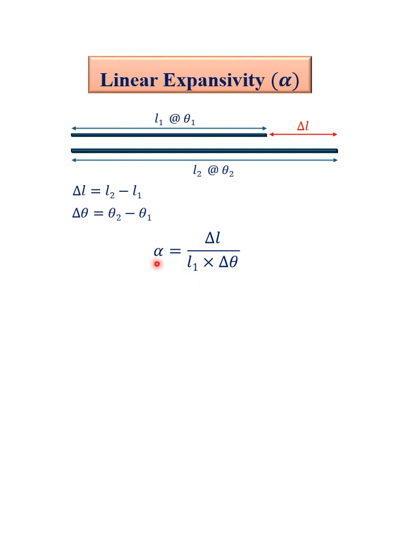Linear expansivity is given as alpha. This symbol is alpha, and it's the symbol of linear expansivity. So mathematically, linear expansivity alpha is given as the change in the length divided by the original length times the change in the temperature. So technically speaking, we will define linear expansivity as the change in length per unit length per change or per degree rise in temperature.